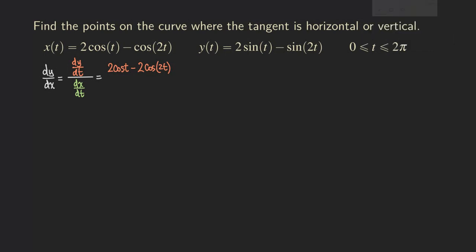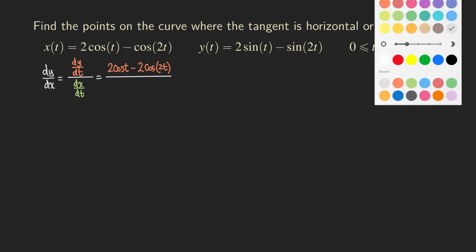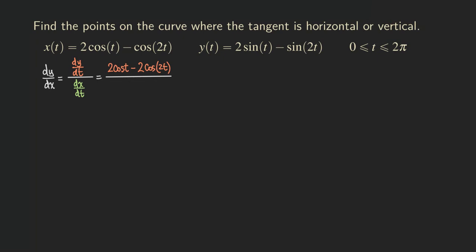So that's our numerator. And then for the denominator, we need to differentiate the x with respect to t. So we are going to get negative 2 sine of t plus 2 sine of 2t. So that's our dy over dx.